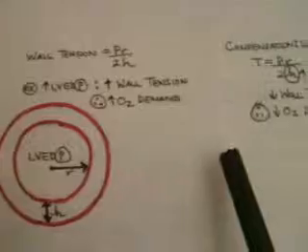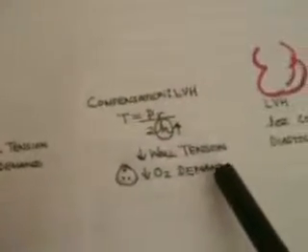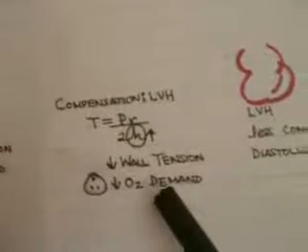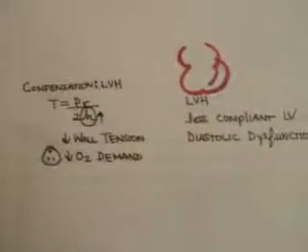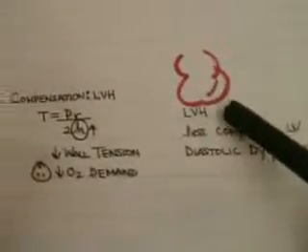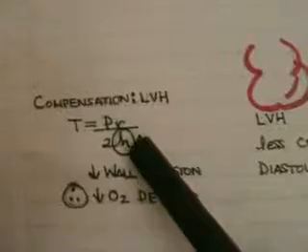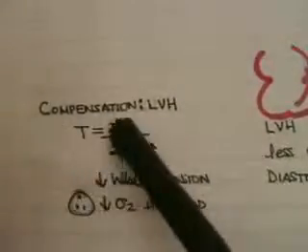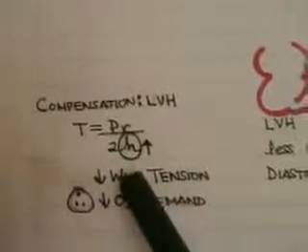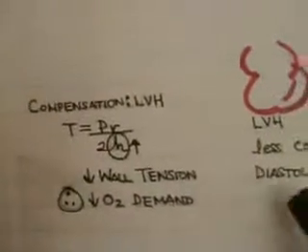And the heart compensates for an increased afterload with thickening of the ventricular wall, or left ventricular hypertrophy, in which you increase the h value in the denominator, and by increasing this value, the wall tension decreases, and therefore there's a decreased oxygen demand.